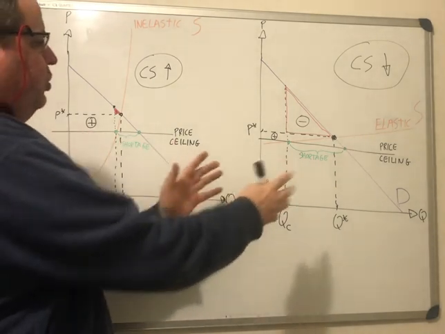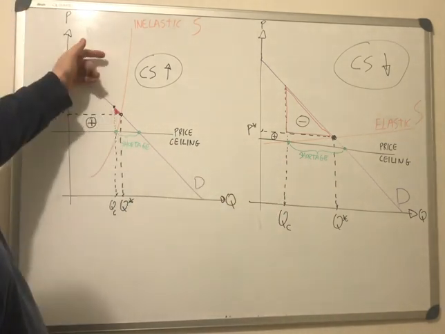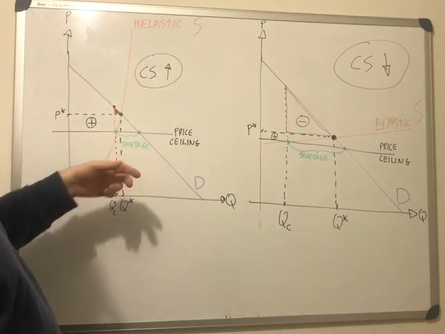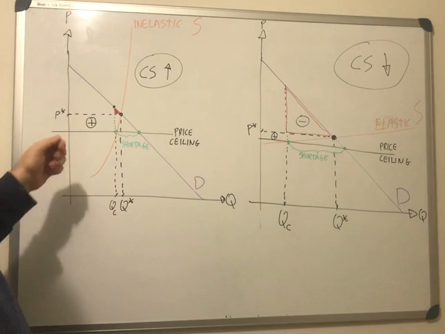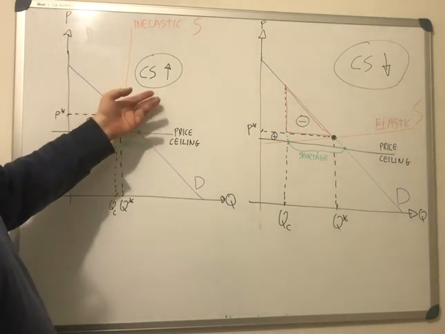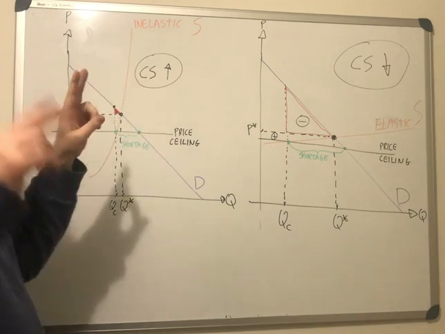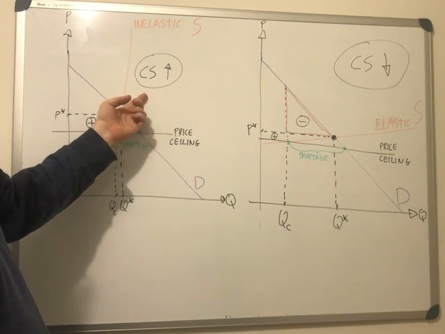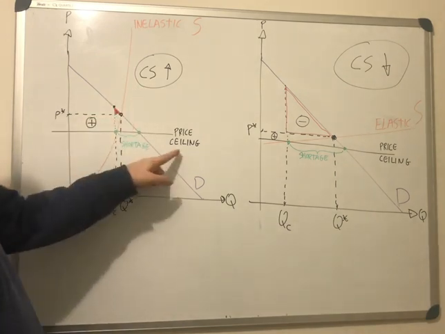And here I'm showing the two cases. If the supply is relatively inelastic and the demand is more elastic, okay, then the demand can react more strongly. The consumers are sort of the strong side of the market, and the consumer surplus can increase if you introduce a binding price ceiling.